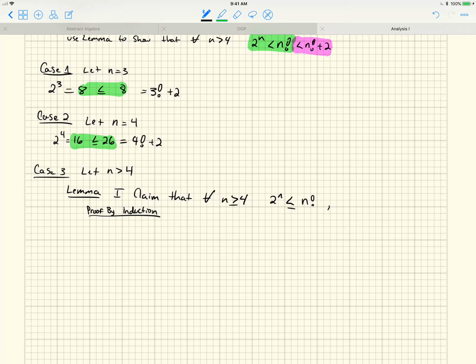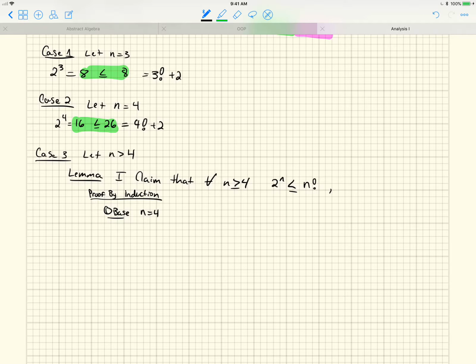Now, this is typical for an induction case: you first show the base case, which in this case is when n is equal to 4, right? Similar to what we did in cases 1 and 2. So I assume that n is equal to 4, and I observe that 2^4, which is equal to 16, is indeed less than 24, which is equal to 4!.